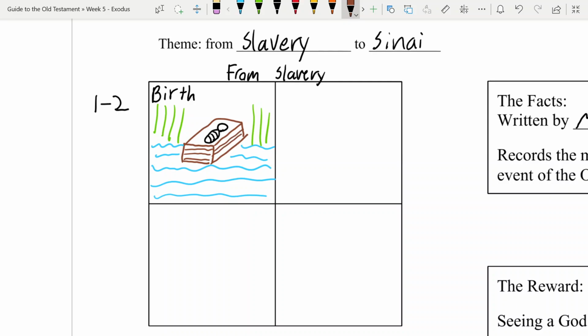He grows up there until he has to go into exile in Midian because he committed murder. He killed an Egyptian slave master. And that takes us to the next part of the story, Moses' calling. So we'll make this story go from chapter 3 to about, we'll say, chapter 6.